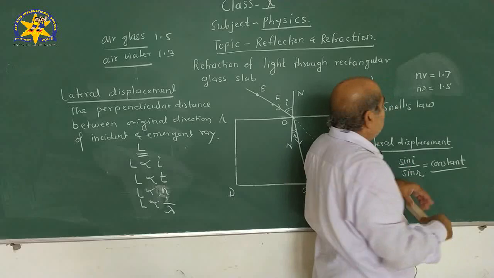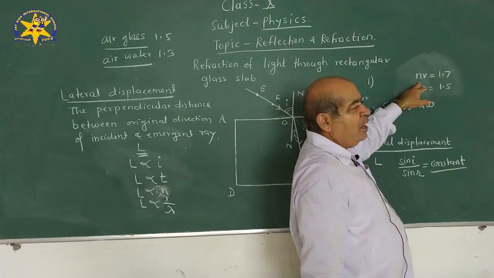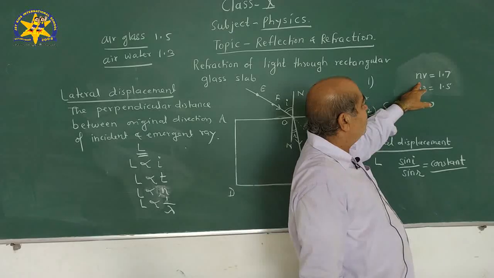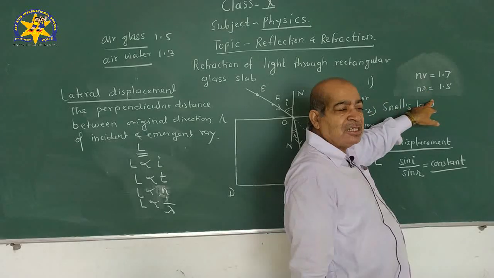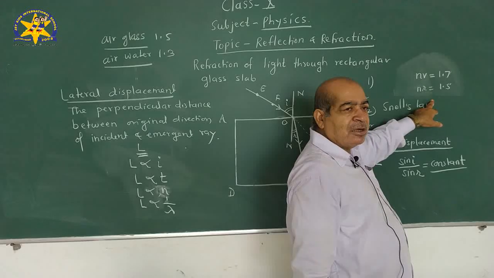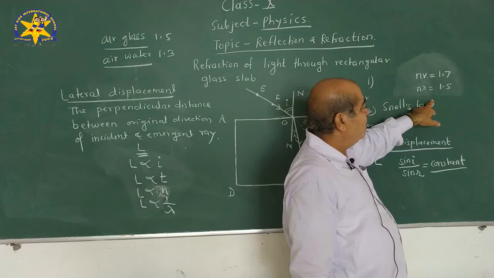That means for red color it is 1.5, for violet color it is 1.7, for yellow color it is 1.6. So the refractive index depends upon the color of the light.